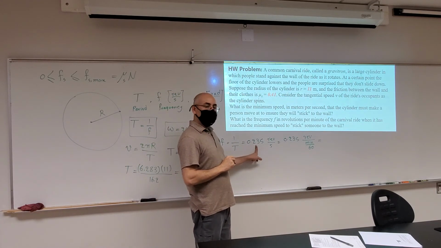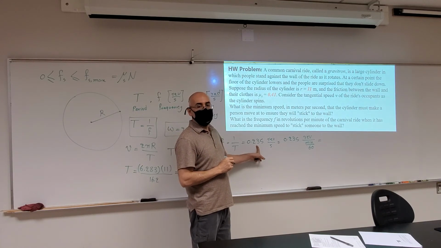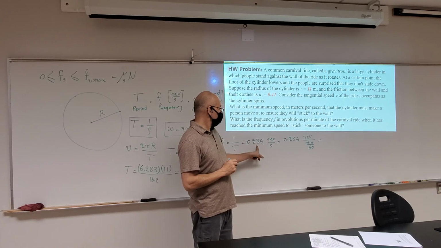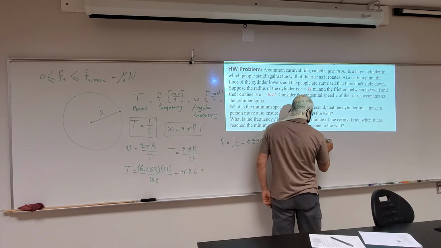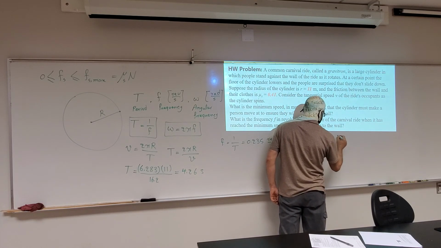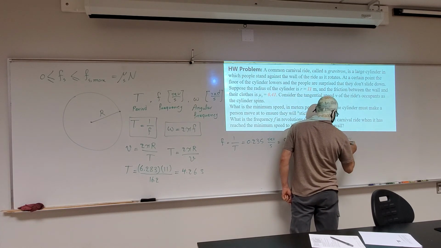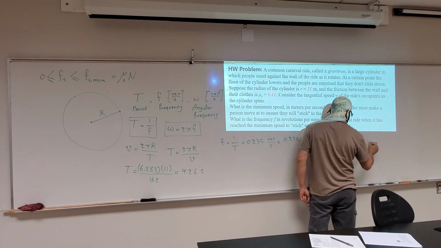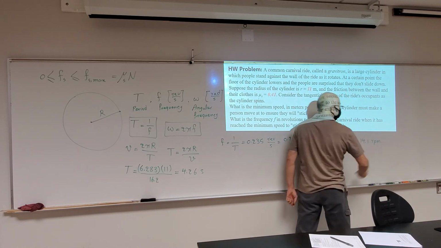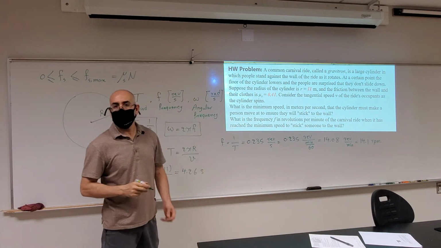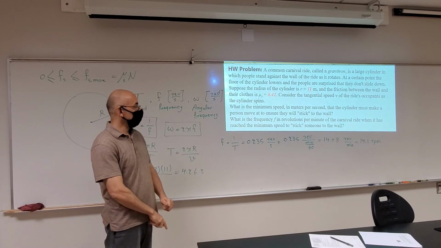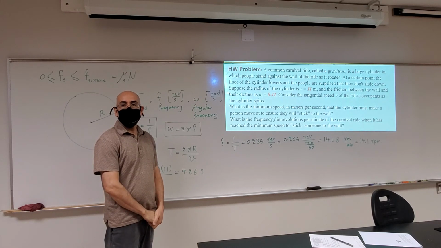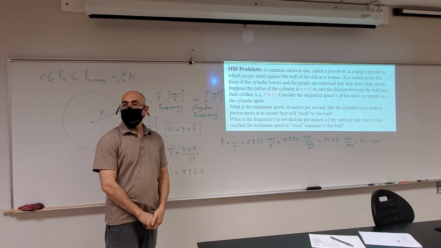If you multiply this by 60, what do you get? 14.08 revolutions per minute. We call it RPM, or 14.1 RPM. Revolutions per minute. All right? Make sense? Any questions?